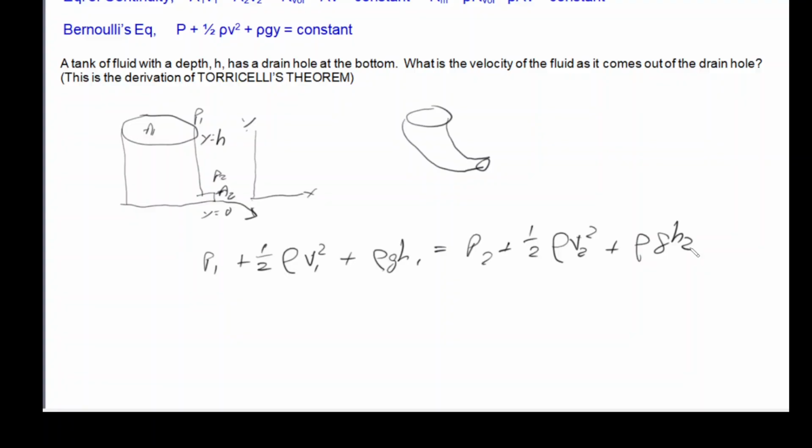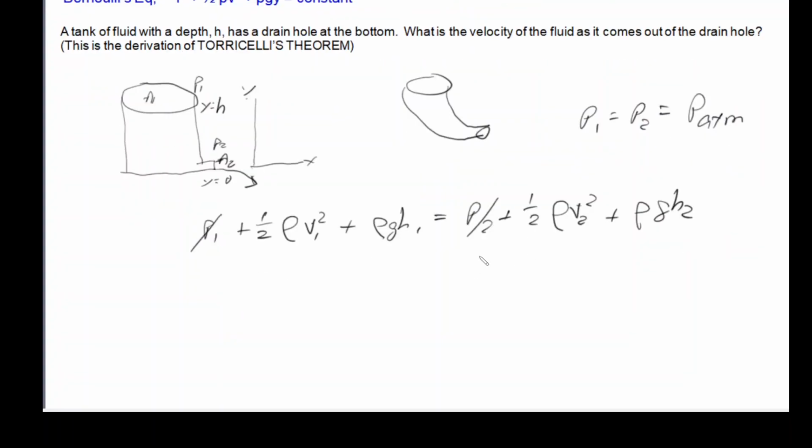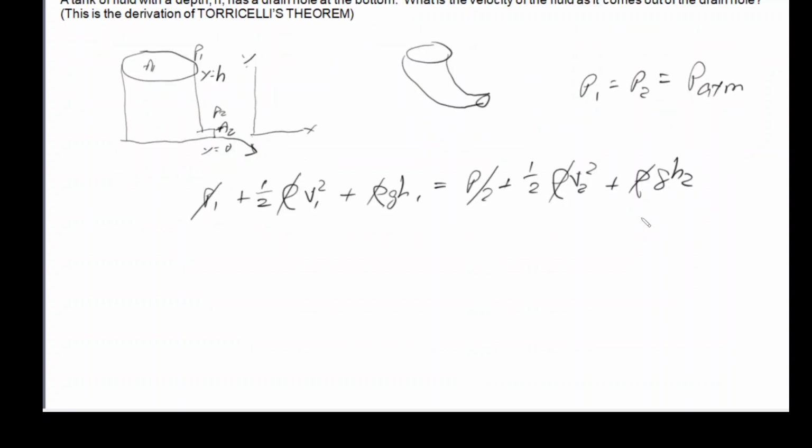Okay, so for P1 and P2, they're both open to air, so they're both at atmospheric pressure. So these are equal, so these can be canceled. We can cancel out the density in all these terms. And we know that H2, which is our reference point, we're calling that y equals 0, is 0, so that whole thing could be canceled out.